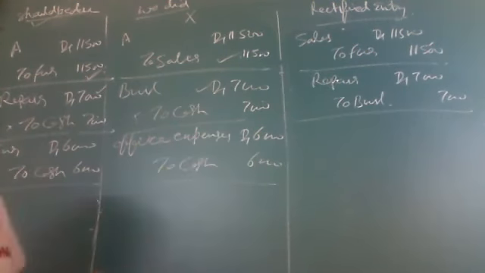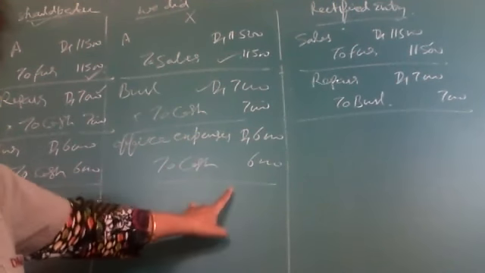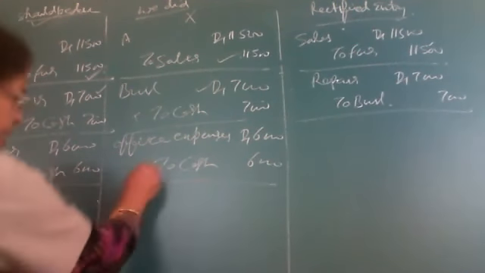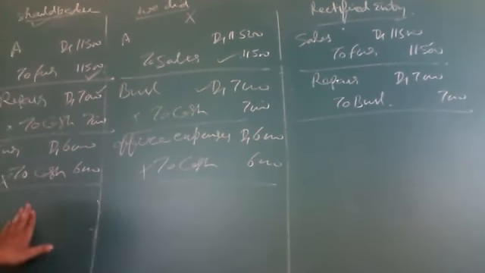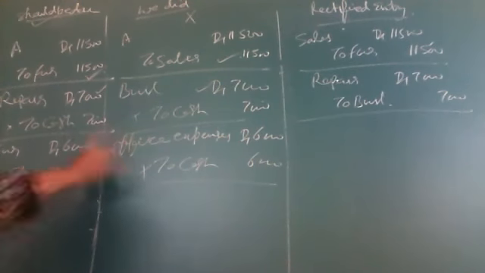Let's see the rectification. First of all, cash. Whether we are purchasing furniture or recording an expense, in both cases cash will move out, so cash should be in credit with 6,000. Cash is in credit with 6,000. No correction is required here. Now the correction is required in these two.